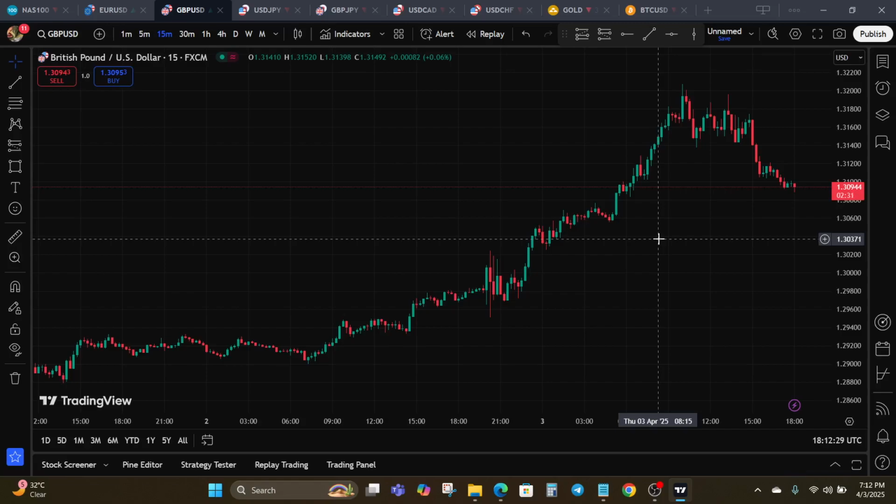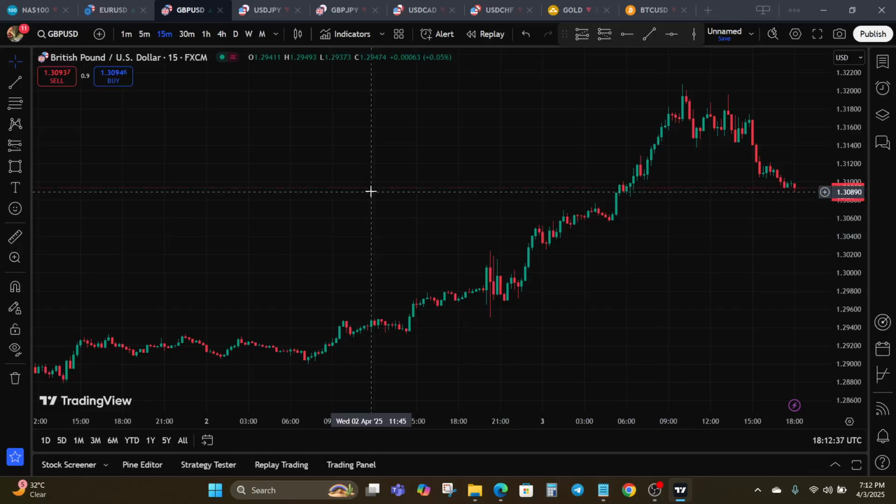Let us start with understanding why the EMA and SMA strategy works, because I'm sure that you want to know why it works. Moving averages generally help traders understand the market trend by smoothing out price action.